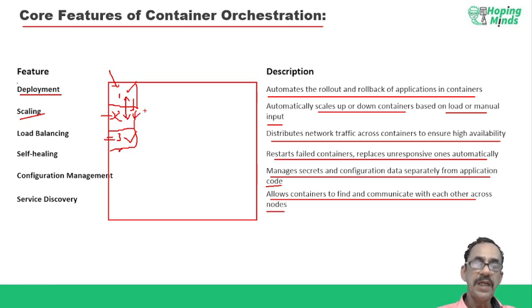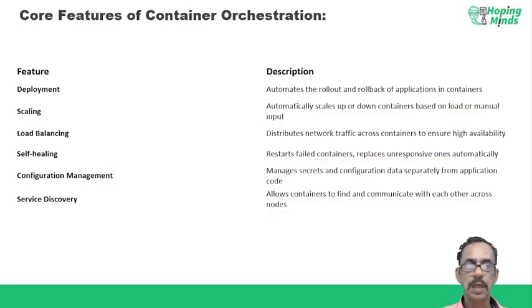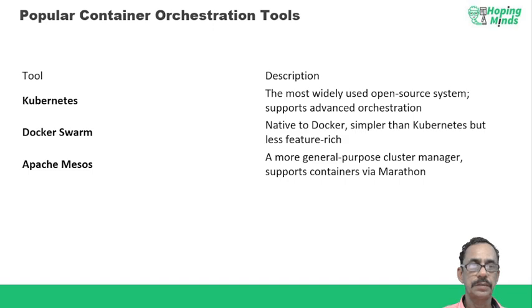So one application with different code for different purposes can be managed in different containers. If one of the containers has some problem or becomes unresponsive, it will not impact the other parts of the same application. Is that clear? So this is the orchestration.